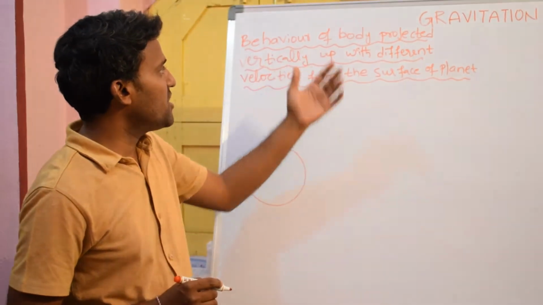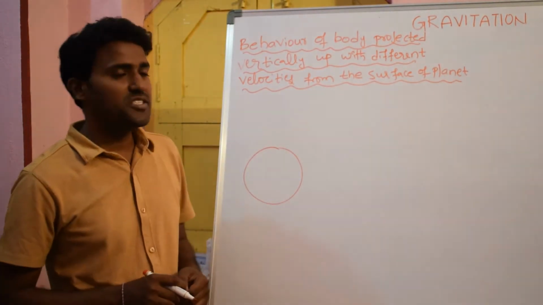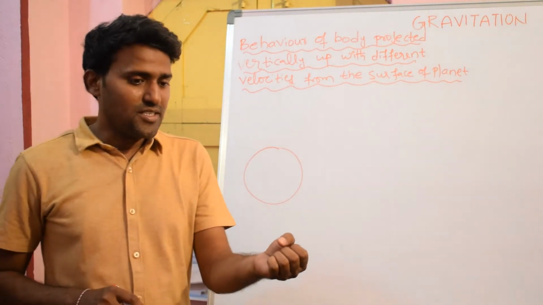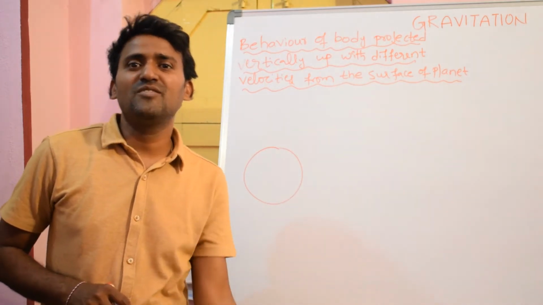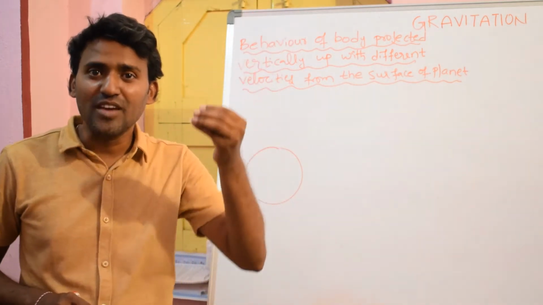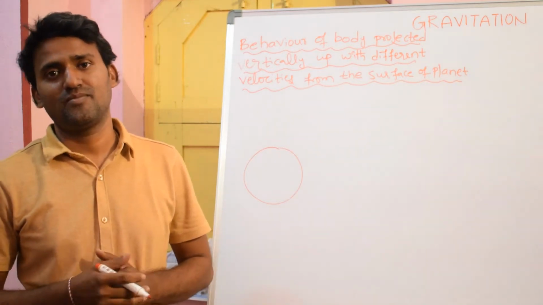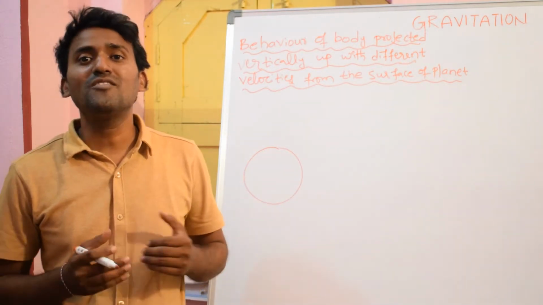Now we can discuss the behavior of a body projected vertically up with different velocities from the surface. For example, when an object is projected with a velocity v, if this velocity is less than the escape velocity, what will happen?